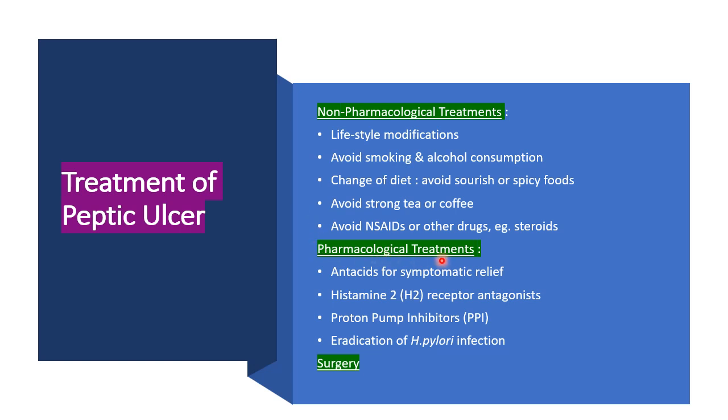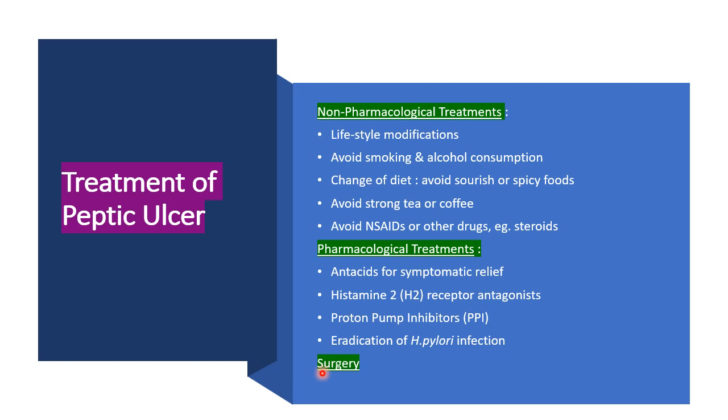The pharmacological treatment includes antacids for symptomatic relief, H2 receptor antagonists, which reduce the production of acid by the parietal cell, proton pump inhibitors, PPIs, such as omeprazole, which cause total inhibition of hydrochloric acid in the stomach, and the eradication of H. pylori infection by the triple regime which I mentioned earlier.